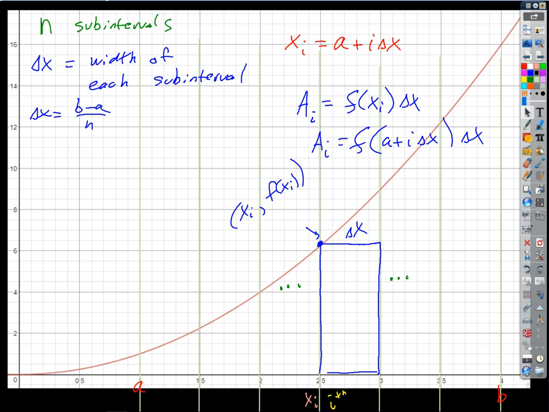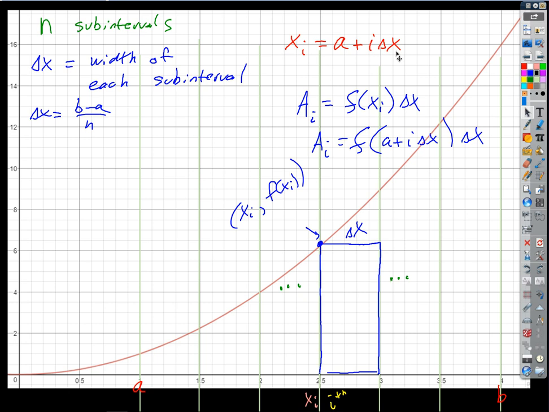So all we had to do, courtesy of Marin yesterday, was start at a and take i steps of width delta x to get to the ith subinterval. So x sub i, the place where we're going to evaluate the function, was just our starting place plus i steps of width delta x.